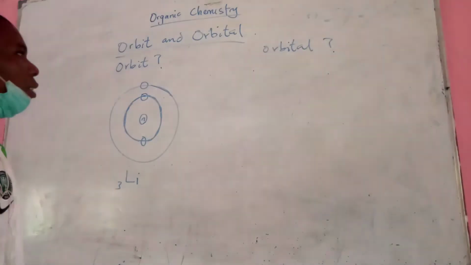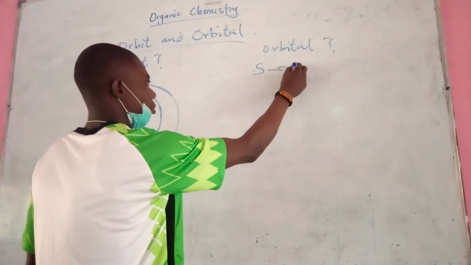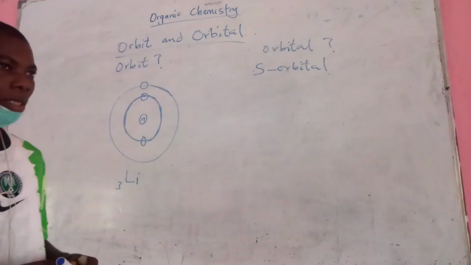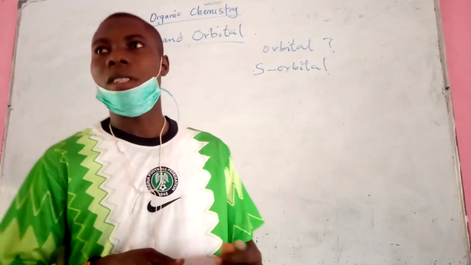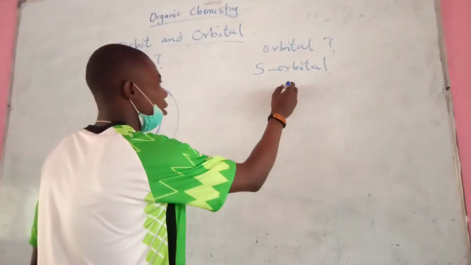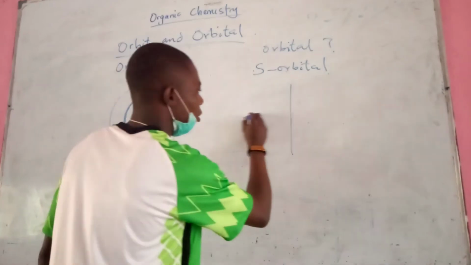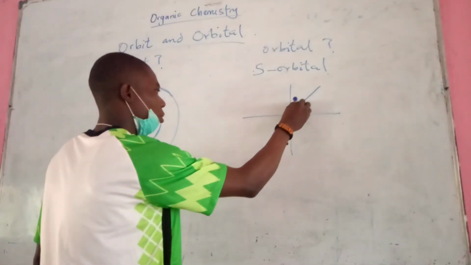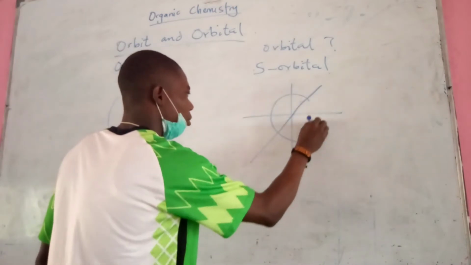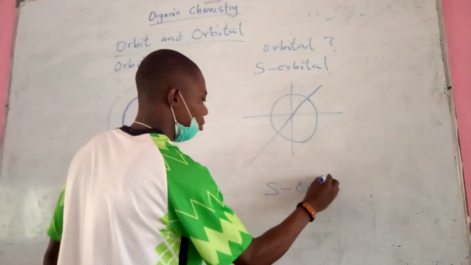And we have different types of orbitals. We have the S orbital. S orbital is the first orbital, and it has a circular shape. This is an S orbital.